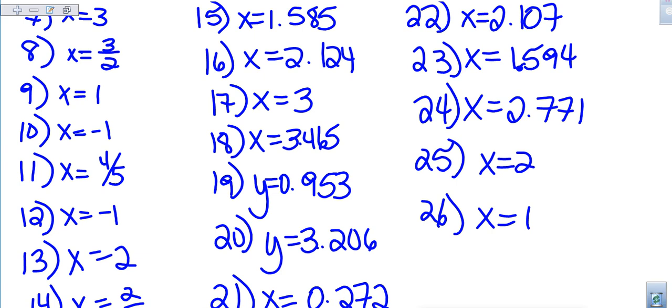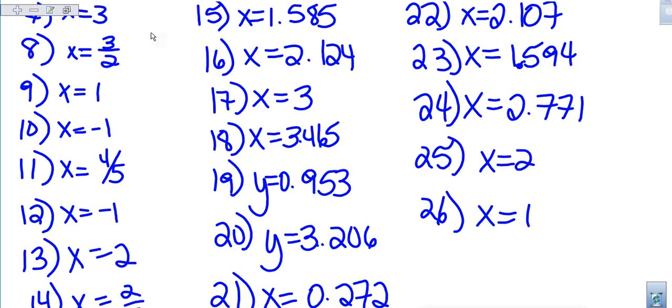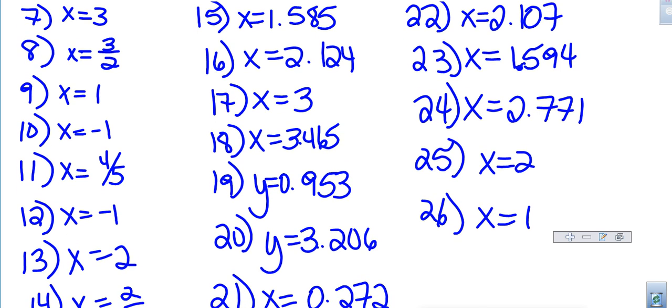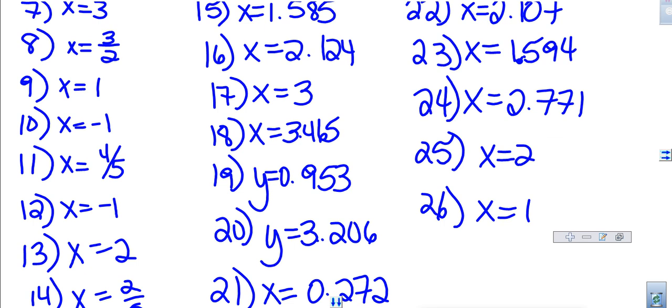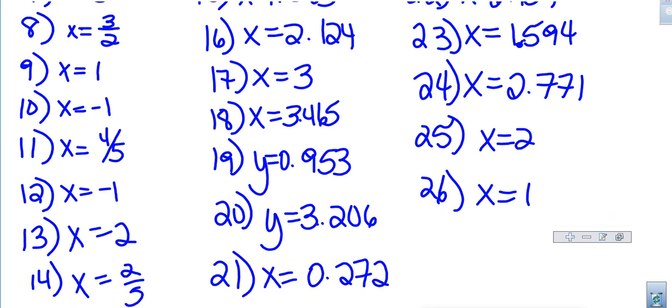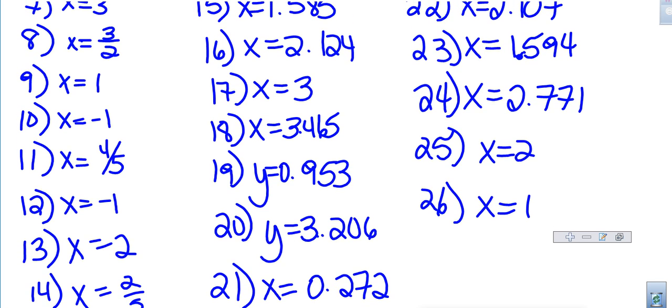Okay, so let's move this little guy out of the way so that you can see. And there we go. 2/5. You'll just have to guesstimate based off of your answers for 15, 22, and 7.